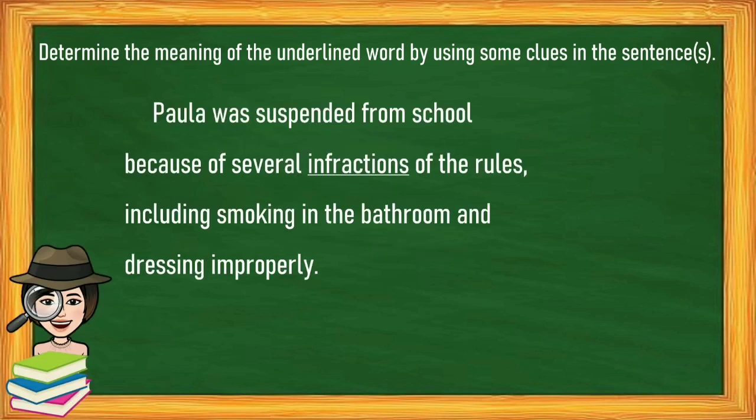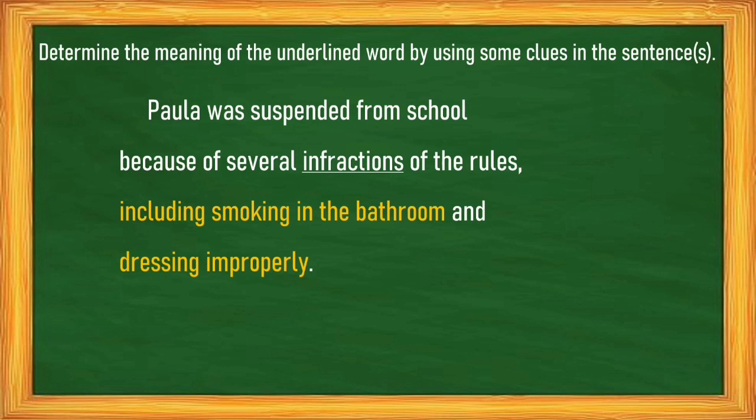Paula was suspended from school because of several infractions of the rules, including smoking in the bathroom and dressing improperly. What are the clues in this sentence? The clues are including smoking in the bathroom and dressing improperly. So when we say infractions, we could mean violations.